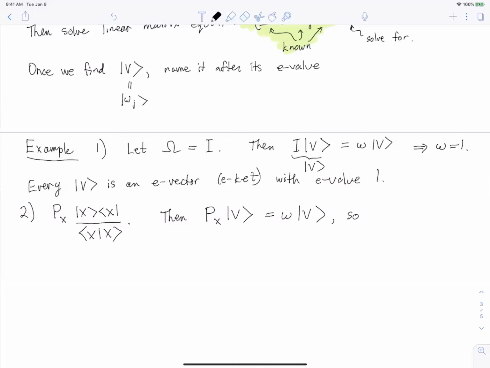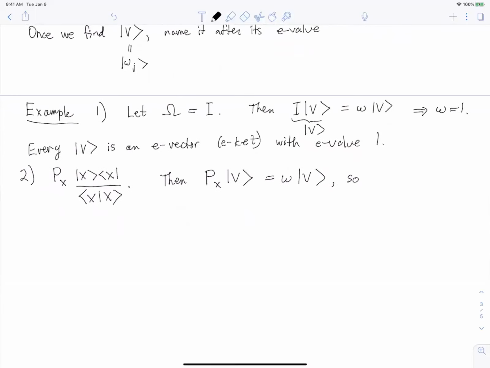So let's just write out what that says. If we put in from here, this I was missing, looks like an equal sign. Sorry about that. So if we put this in here, then we're going to get the inner product of x with v, divided by the inner product of x with x, times the ket x, is equal to omega times the ket v.